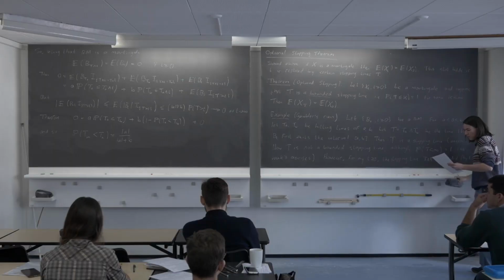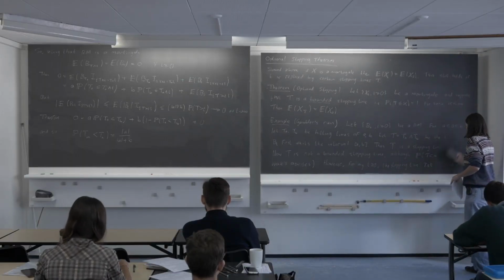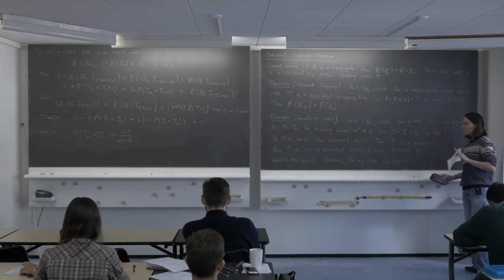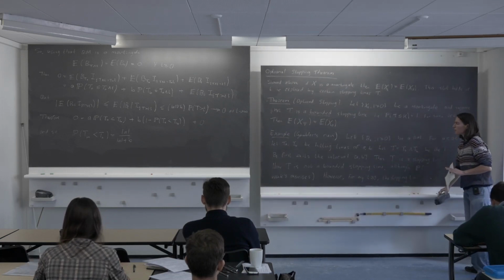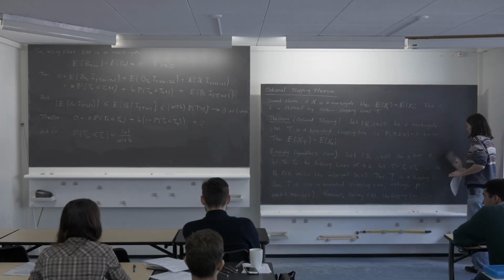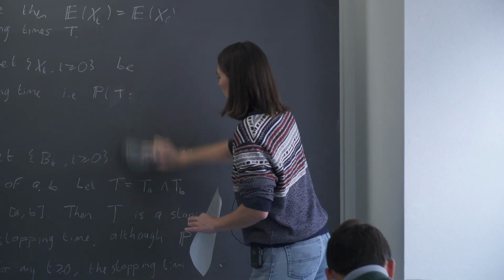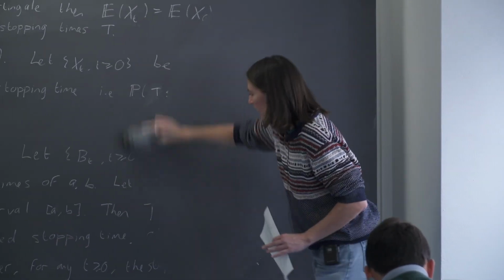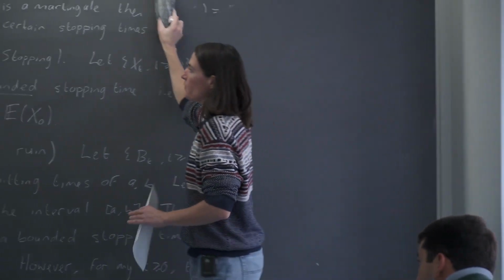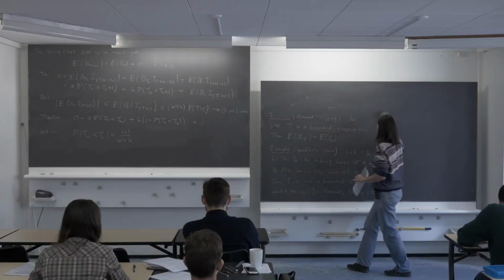Okay, so I'm just going to quickly finish in the last two minutes with a list of properties of martingales. I'm not going to prove any of them, but just some inequalities and convergence results which hold for martingales, which are going to be useful later on in the course. As I said, I don't prove any of these, but any textbook on martingales will give you the proofs.